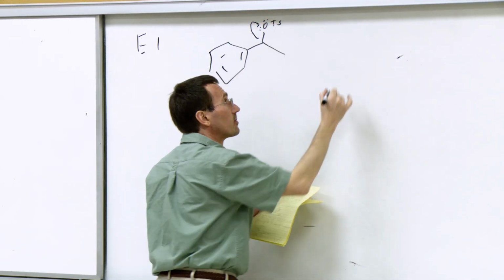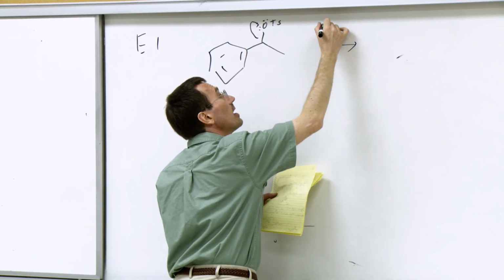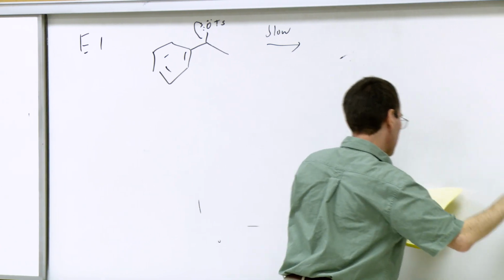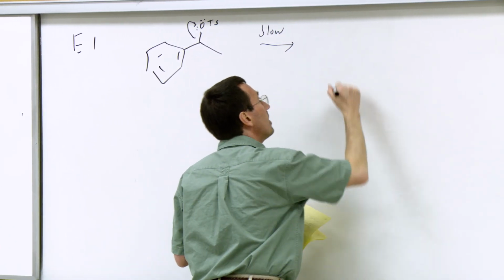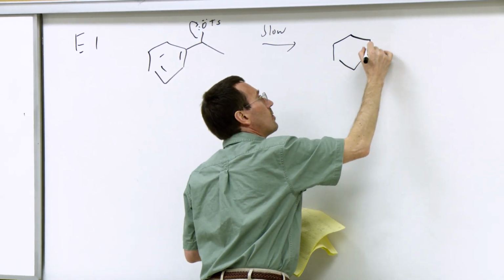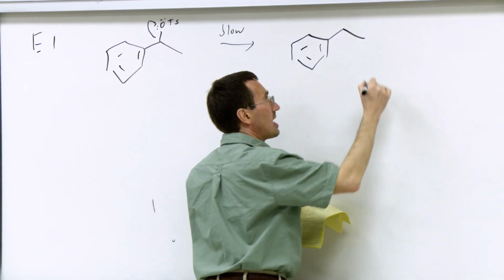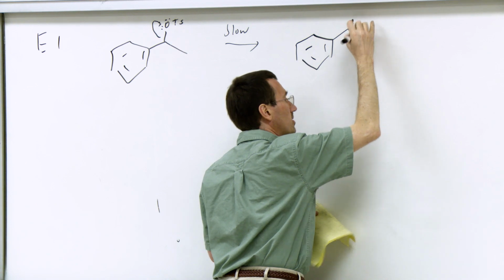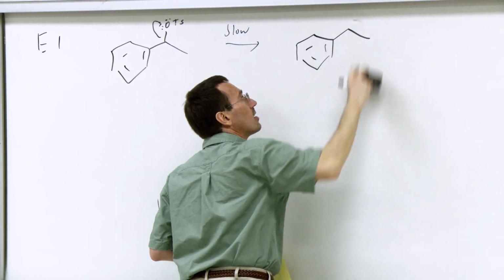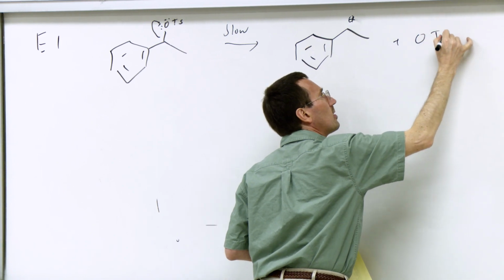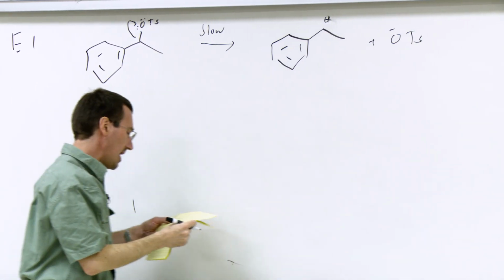You're going to be doing some curved arrow mechanisms on the homework. We haven't talked about different mechanisms, but you'll get practice in them. So we'll form a carbocation in the rate determining step. If I want to be a good person, I'm just going to write my positive charge. If I want to be a good person, I will also write tosylate anion.